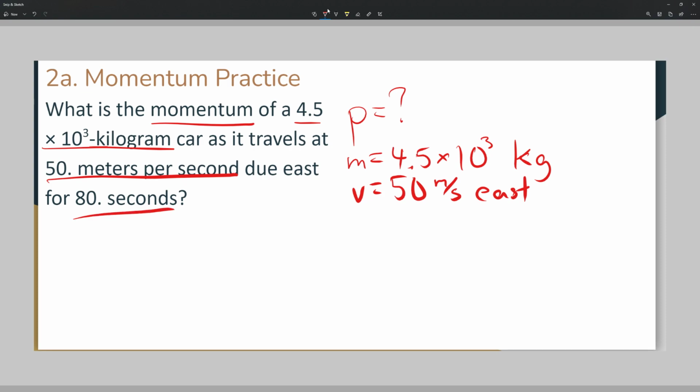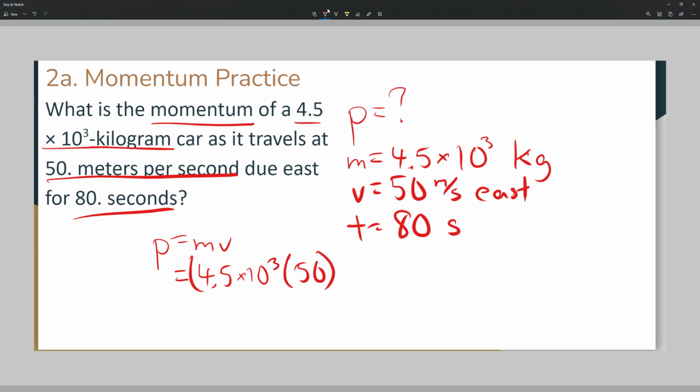It also says your time is 80 seconds, so you do this for 80 seconds. What is the answer here? Momentum is equal to mass times velocity. Your mass is 4.5 times 10 to the 3 times your velocity, which is 50.